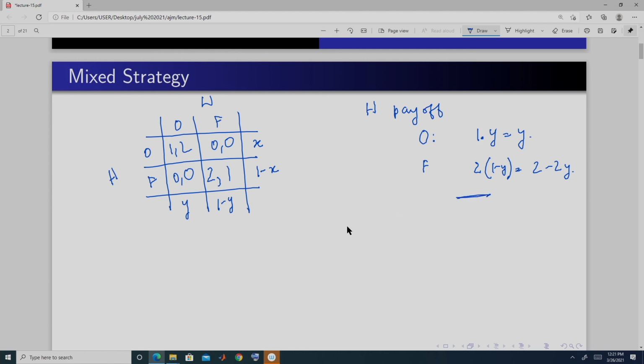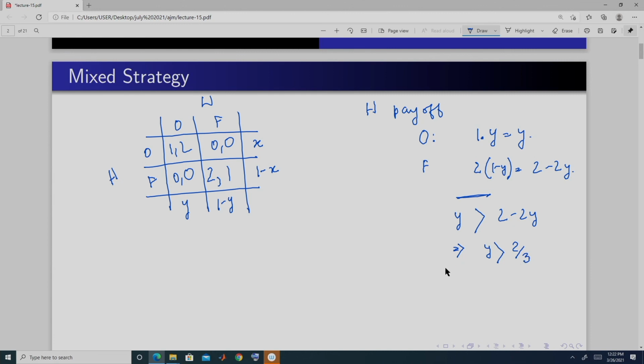And the husband is always going to play O when y is greater than 2 minus 2y. Since this is greater than this, I am not going to attach any probability to O and F, I am always going to play O. So this is when y is greater than 2 by 3.